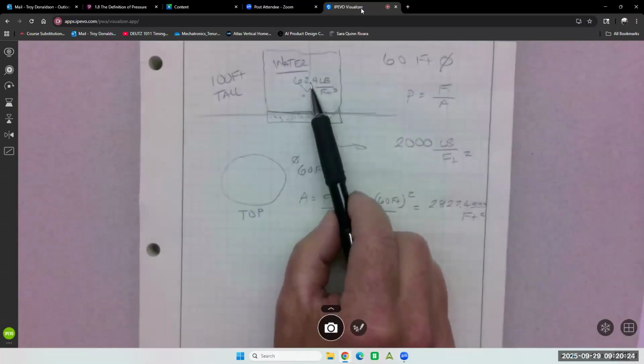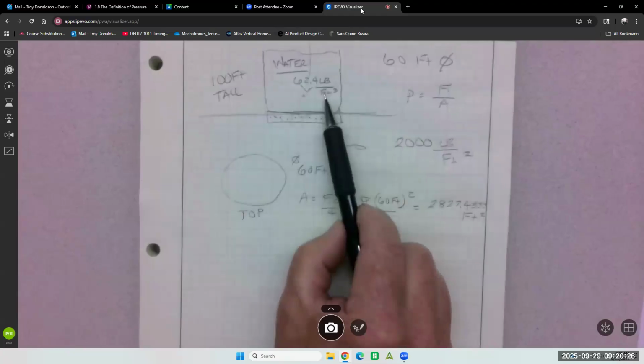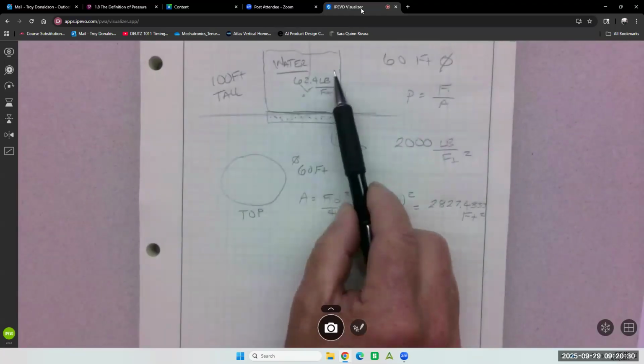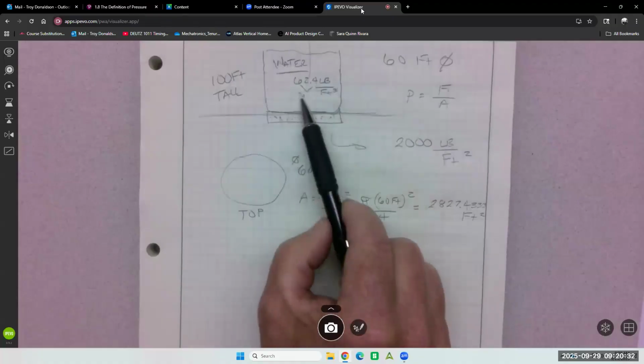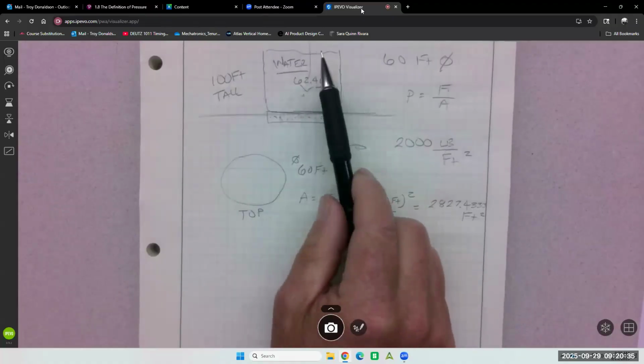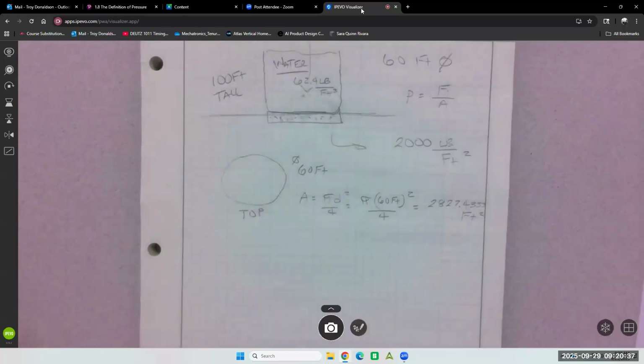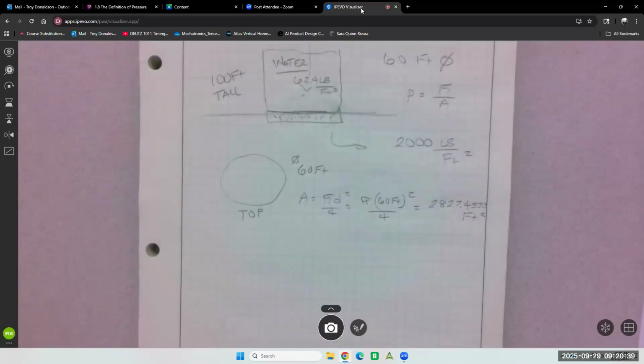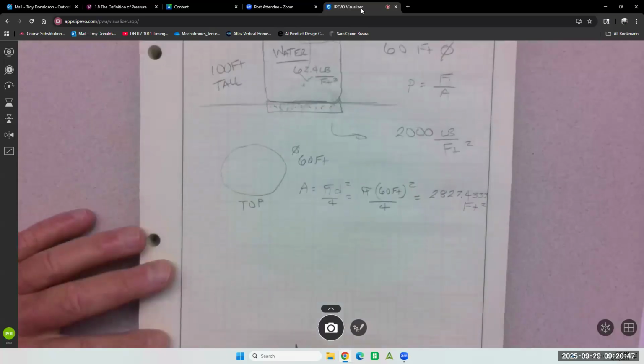Well, it weighs 62.4 pounds per cubic foot. So how many cubic feet do we have here? That's the question. How much volume is there? That gives us weight. So we have to calculate volume.